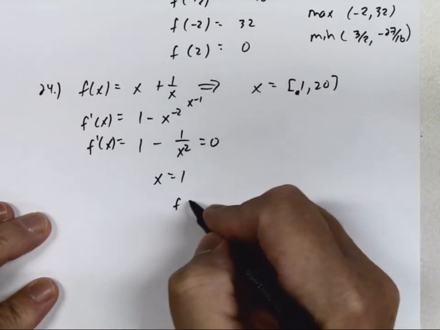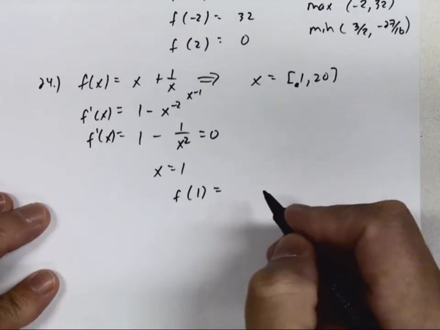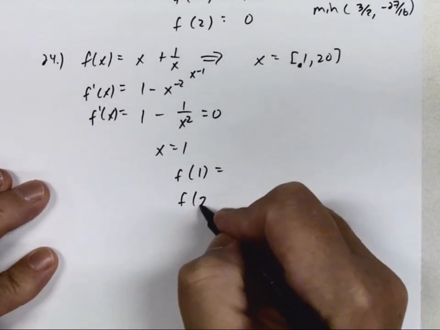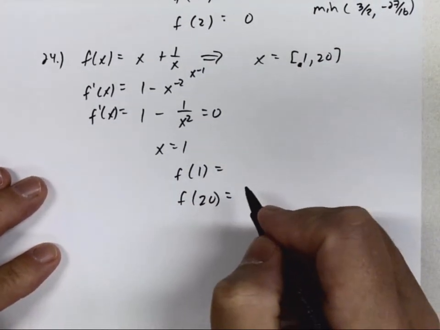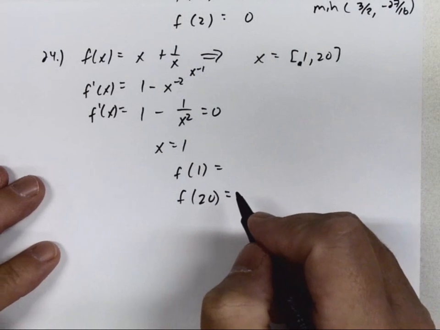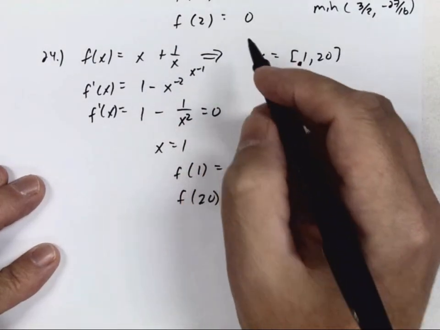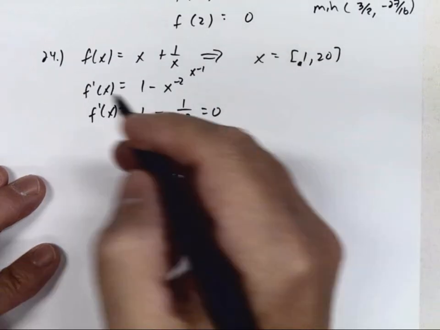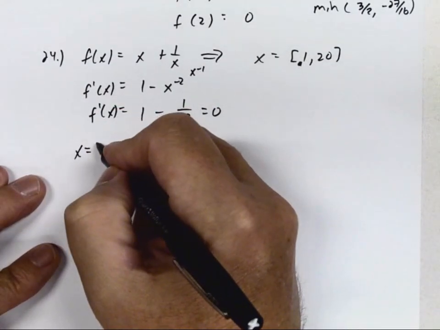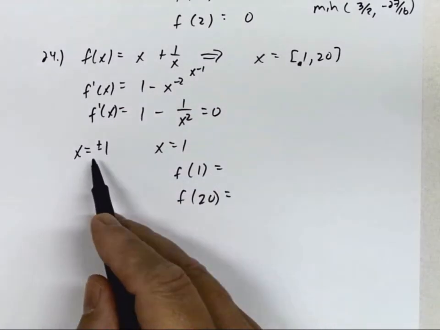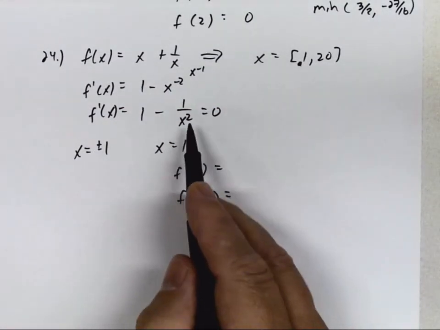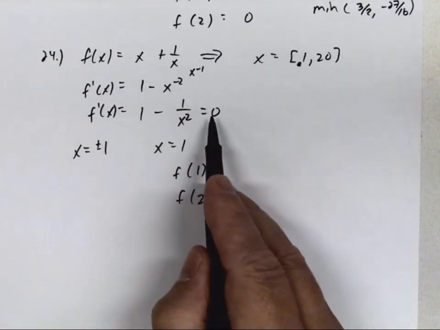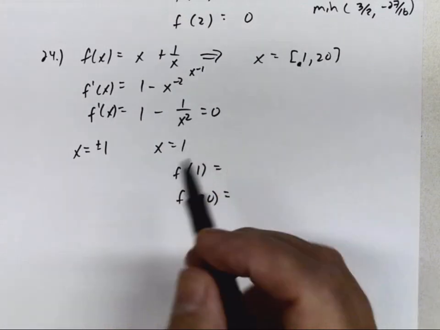So basically, you want to find f of 1 and f of 20. Actually, you could have said, and I should have said, x could be plus or minus 1, because both those would cause this whole thing to be 0.